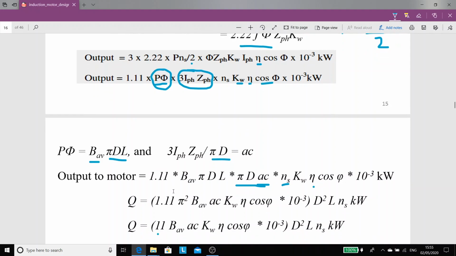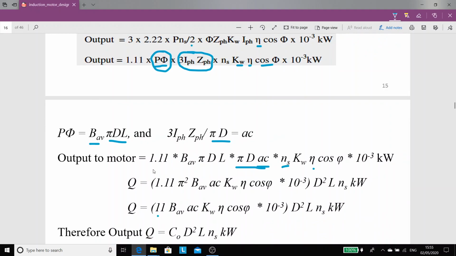Then see, we again bifurcate this and put all constant parameters together. So these all are constants: 1.11 into pi square, this pi and this pi square, into this B average, because it's a specific magnetic loading and once we select it, it remains the same.